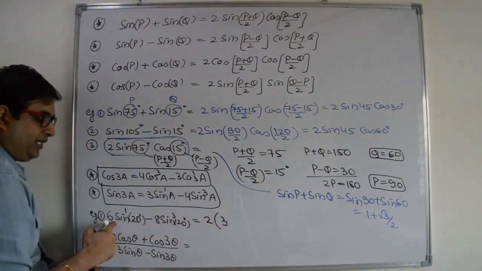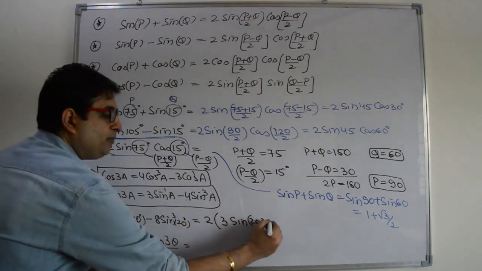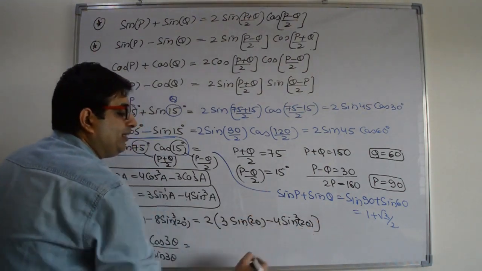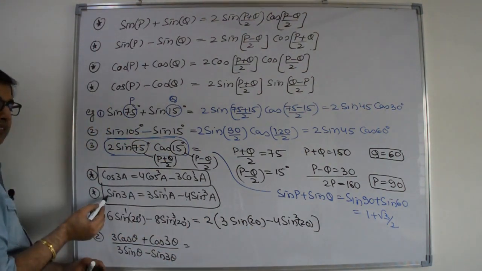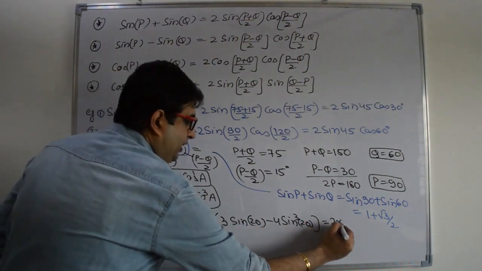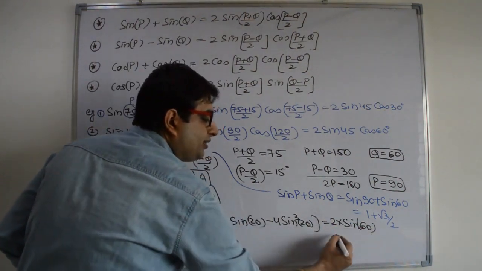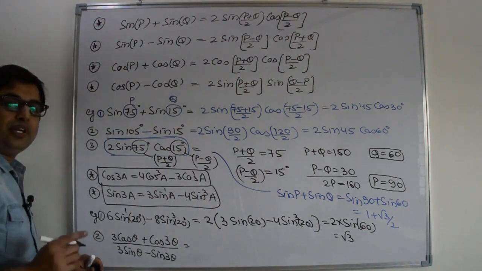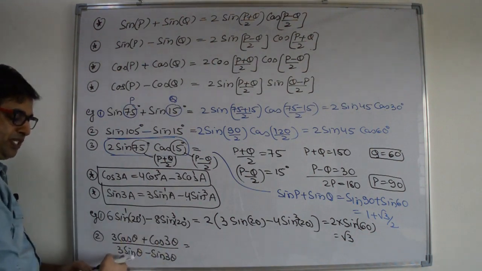So what you will get, 3 sine 20 degree minus 4 sine power 3 20 degree. This is sine 3a. So 3 times of 20. I can write 2 into sine 3 times of 20 is 60. So it is root 3. Got this?